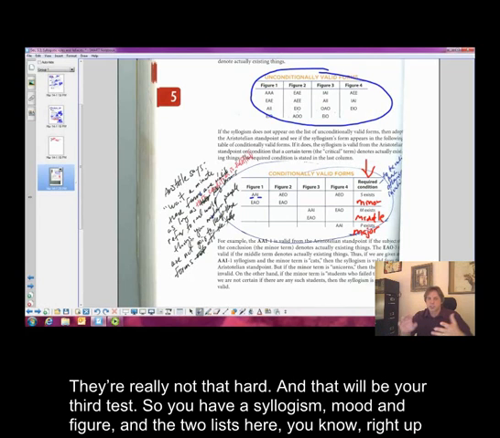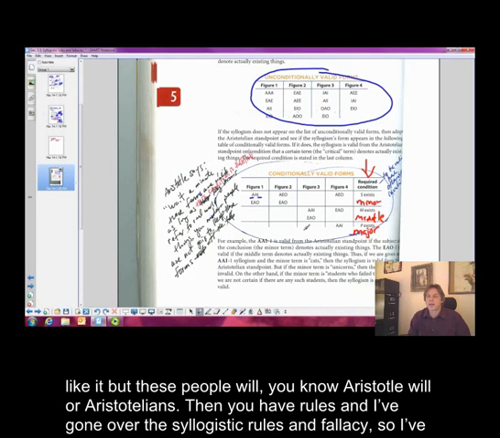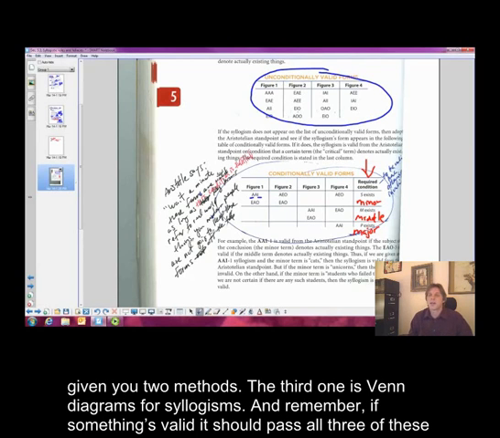So you have a syllogism, mood and figure, and the 2 lists here, right up here, are going to tell you if it appears on any of these 2 lists, it's valid. This list is Aristotle's list, so there's certain conditions. These people won't like it, but these people will. Aristotle will, or Aristotelians. Then you have rules. And I've gone over the syllogistic rules and fallacies, so I've given you 2 methods.